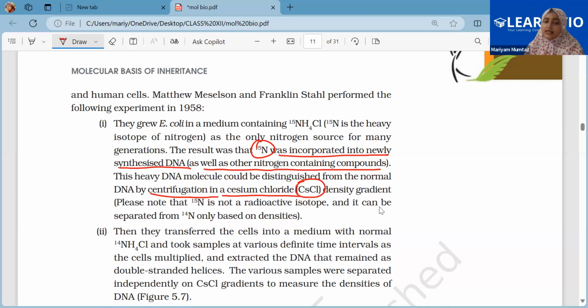Remember that this N15 is not a radioactive isotope and it can be separated from the N14 only based on density. It is not radioactive, but it is heavier in molecular weight. So, we can distinguish whether the nitrogen is N15 or N14 depending upon the density.